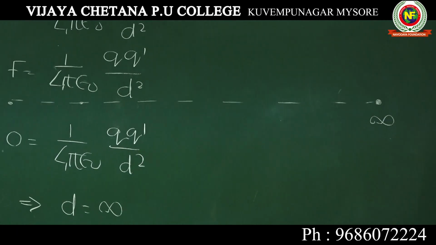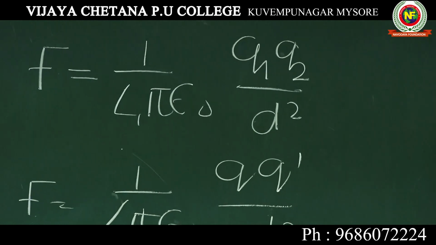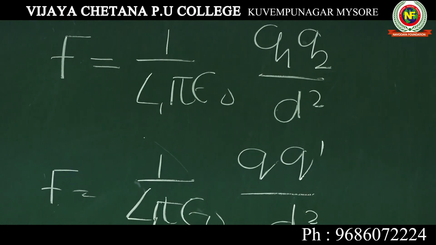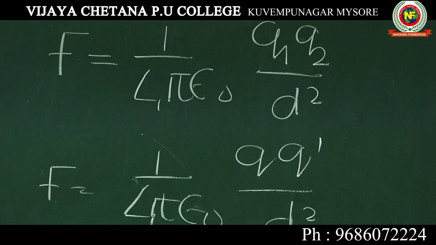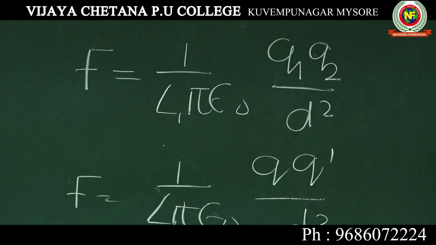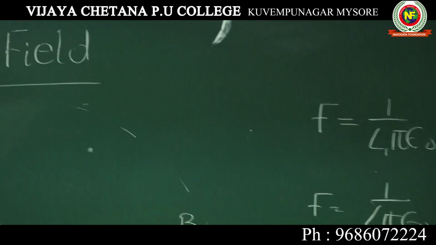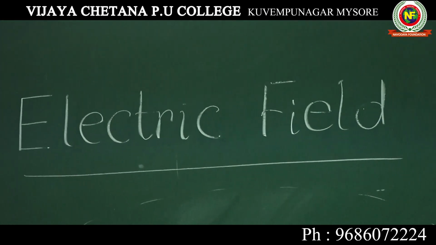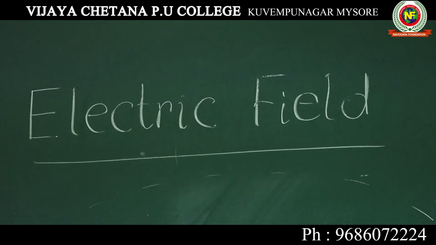One more question can be raised like this. What is the range of the electric field? Due to any charge, whatever you consider, every electric field extends up to infinite position. You cannot restrict the electric field to a finite dimension, because every charge is capable of producing the field up to infinity.